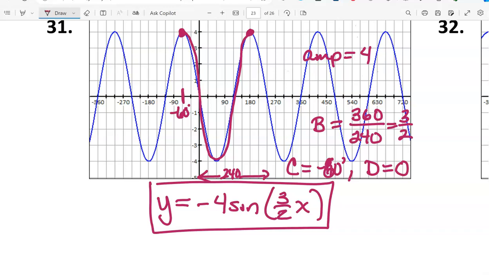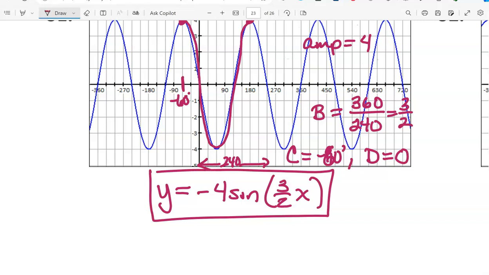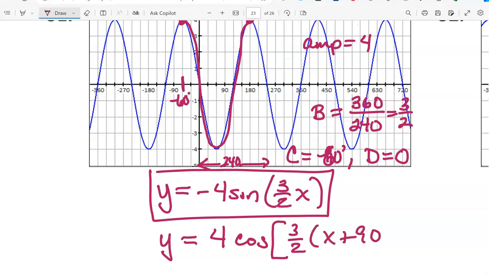And this time our A value will be positive because that cosine graph is not inverted. So another possible answer here would be y equals 4 times the cosine of 3/2 times x plus 90 degrees.